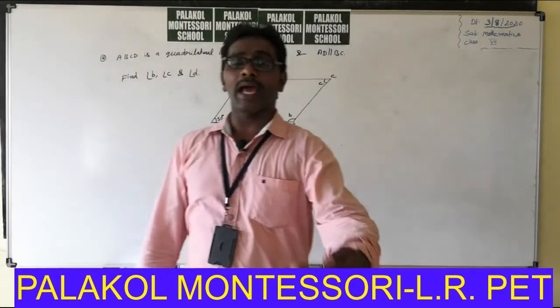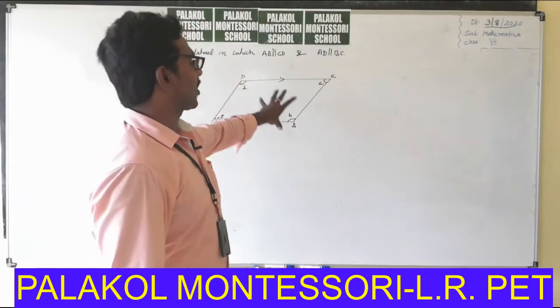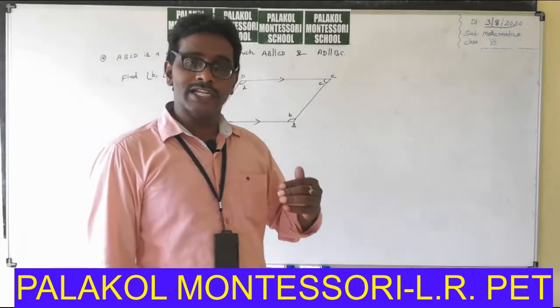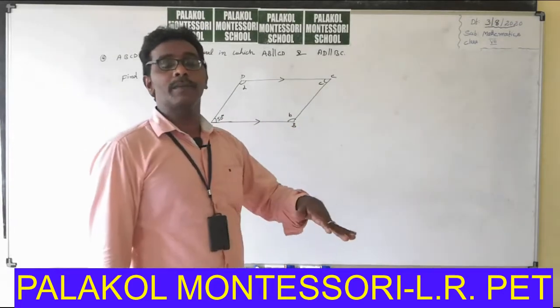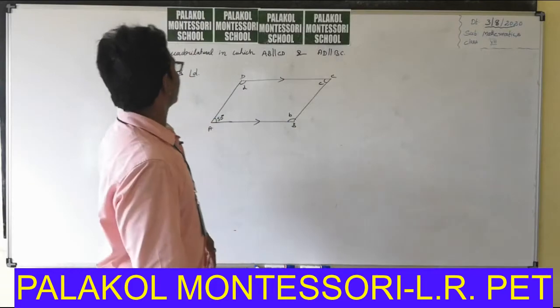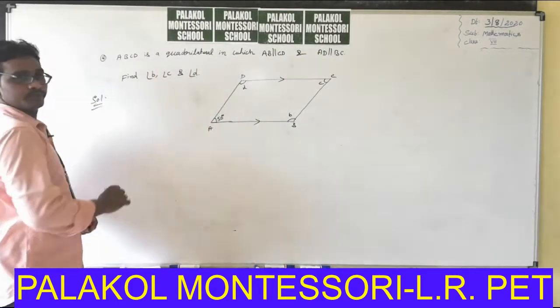Opposite lines are parallel and equal. That type of quadrilateral is called a parallelogram. In a parallelogram, opposite angles are equal according to geometry. But in this concept, you apply only parallel lines and transversal lines. Now see, now I do the solution of this one.